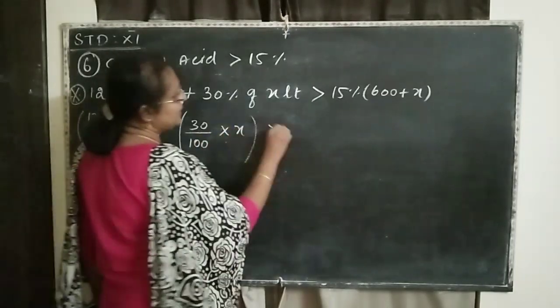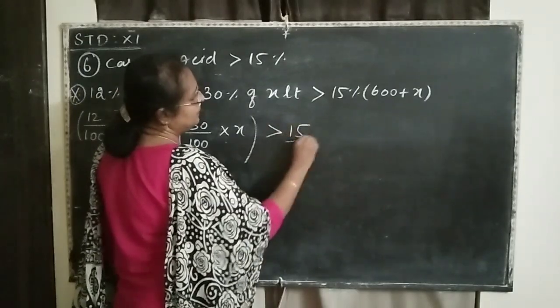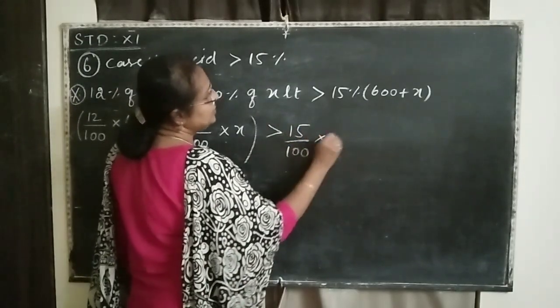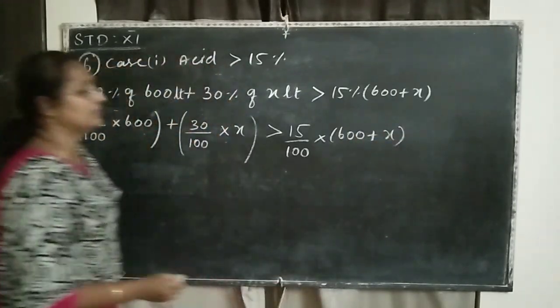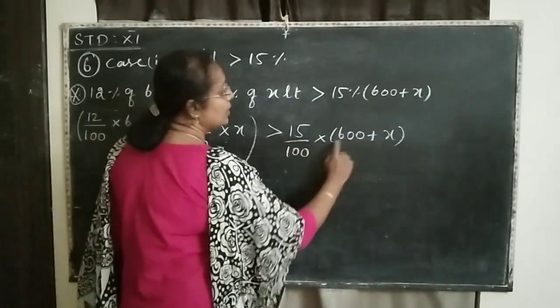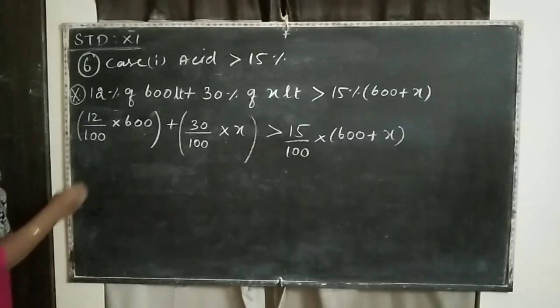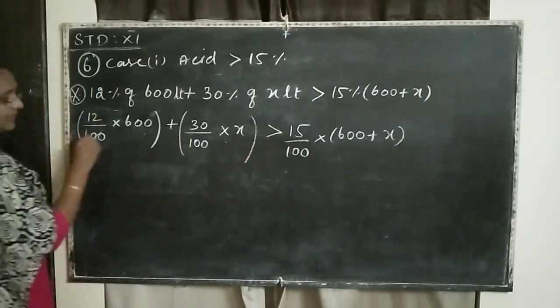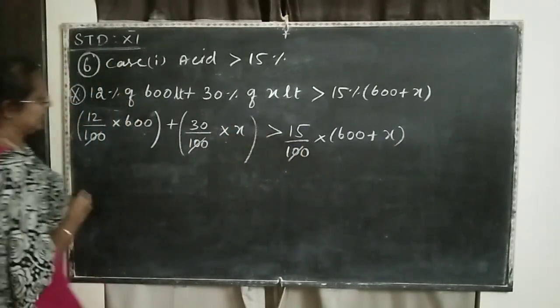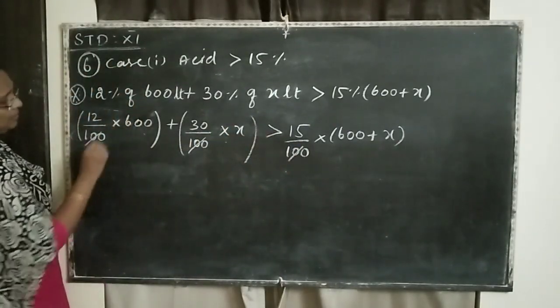Yes or no? It should be greater than 15%. 15 divided by 100 into 600 plus x, in the bracket, because this 15 is common for both the terms. Yes or no? Okay. Now look into this. In all the cases we have 100 in common. Shall we strike it out? Yes. The rest of the terms are now what you will get?